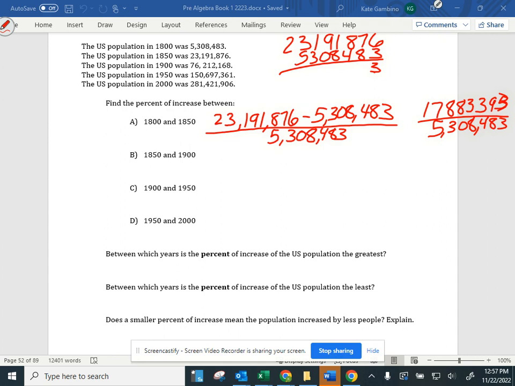My calculator skills are not doing so great right now. That's why we did this one together in class. It was 337%. That's what I did. And I keep hitting the wrong button.